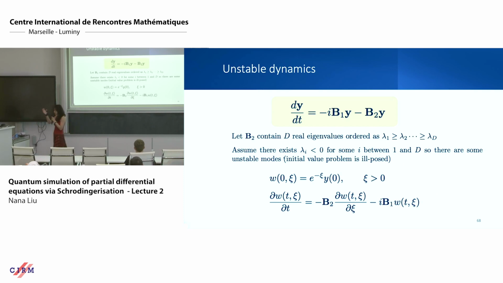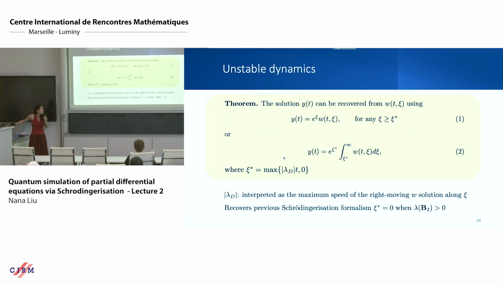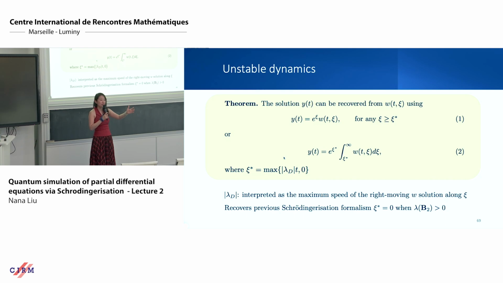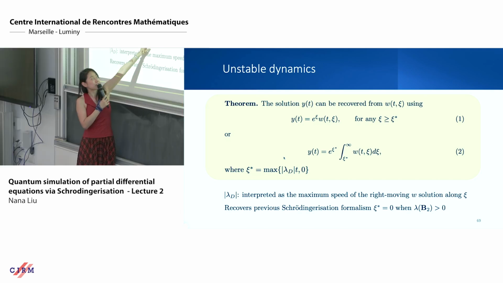To deal with this, we need to ask: the wave that is causing the most disturbance, we want to cut that off. So what is the wave that causes the most disturbance? It's the one that moves in the other direction with the fastest speed, and the speed you can associate with the eigenvalue. So here psi is the maximum eigenvalue in the opposite direction.